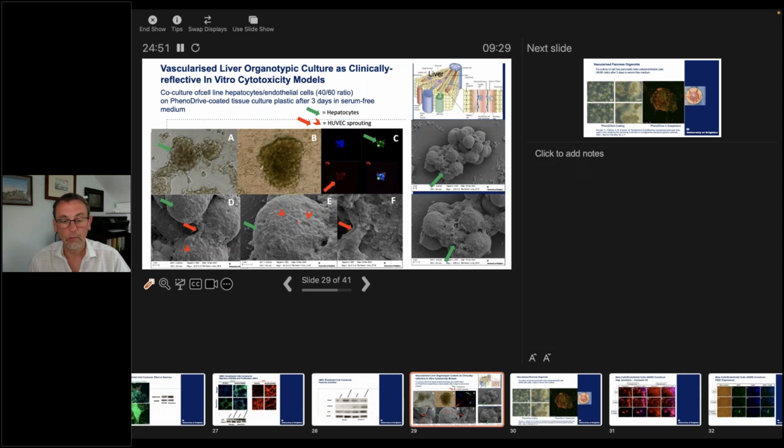lobuli-like structures. We use this, and we have not published it yet, we hope to publish this data soon, to look at the biodistribution of nanoparticles, which is an important issue in the study of new nanomedicines. So we spiked these spheroids with different types of nanoparticles in the context of a European project. And we found out that the nanoparticles had the tendency to interact more with the endothelial sprouting rather than the hepatocytes themselves.